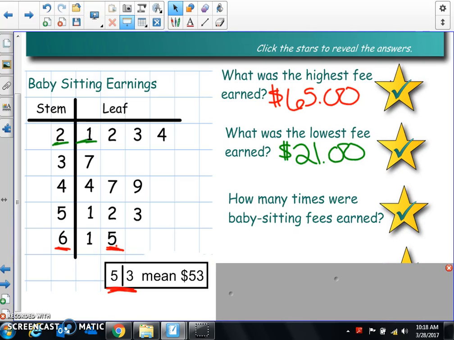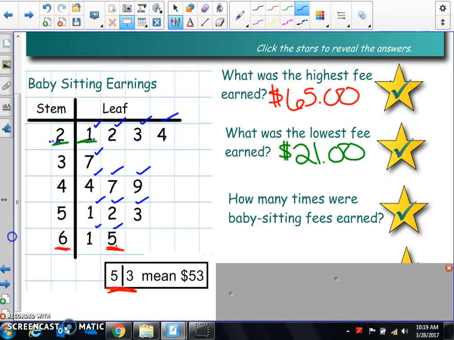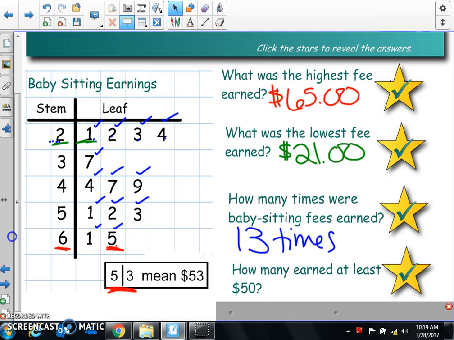How many times were babysitting fees earned? So how many times? We just count them. Now remember, we only want to count our leaves, because this is 21, 22, 23, 24. So we just count our leaves. 1, 2, 3, 4, 5, 6, 7, 8, 9, 10, 11, 12, 13 times. Is there another one under there?